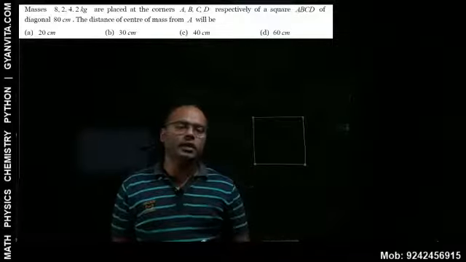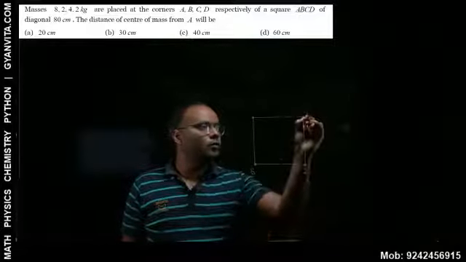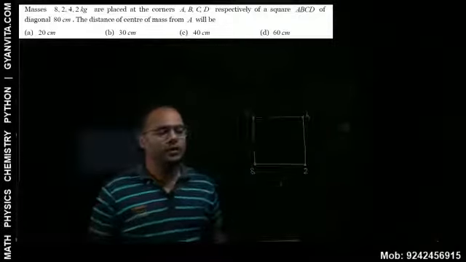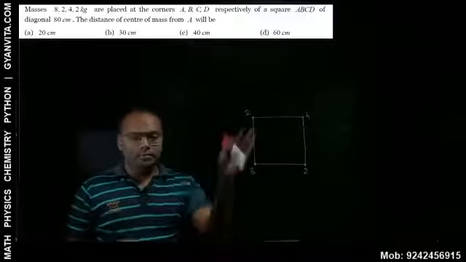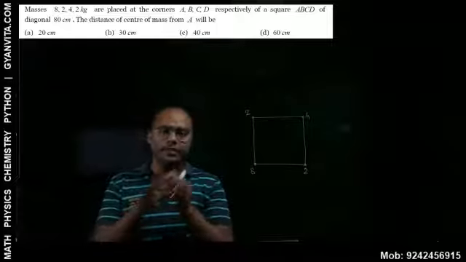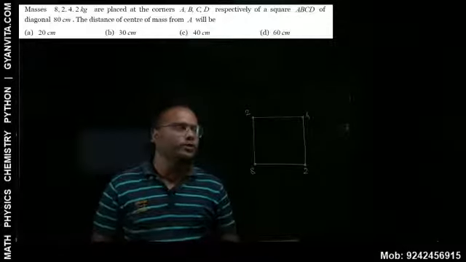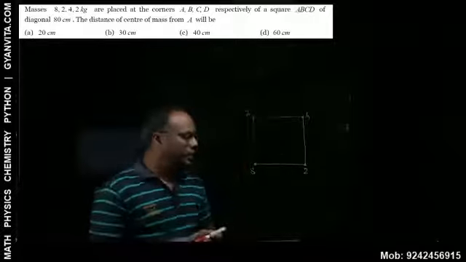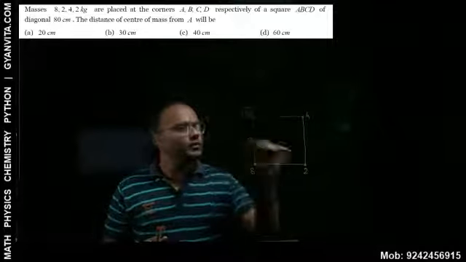What are the masses? Masses are 8, 2, 4, and 2, right? The previous example which we have seen had equal masses. So if it is equal masses, it will be at the center. We know that, right? So which two masses are equal here? The masses which are equal in this case are this 2 and this 2.